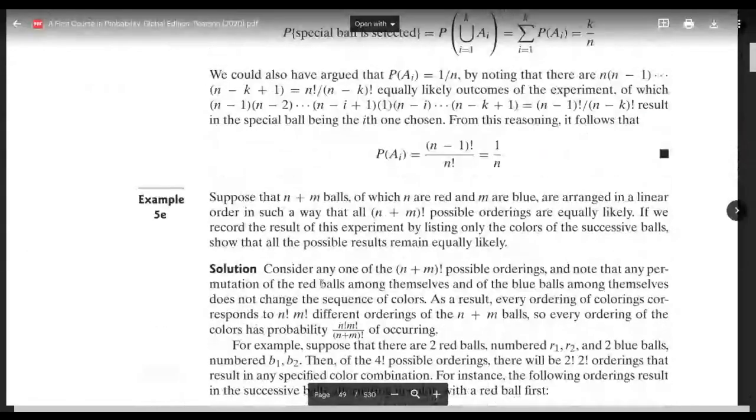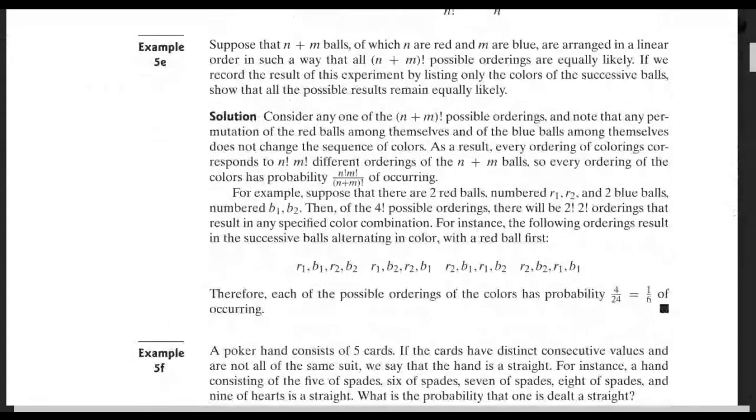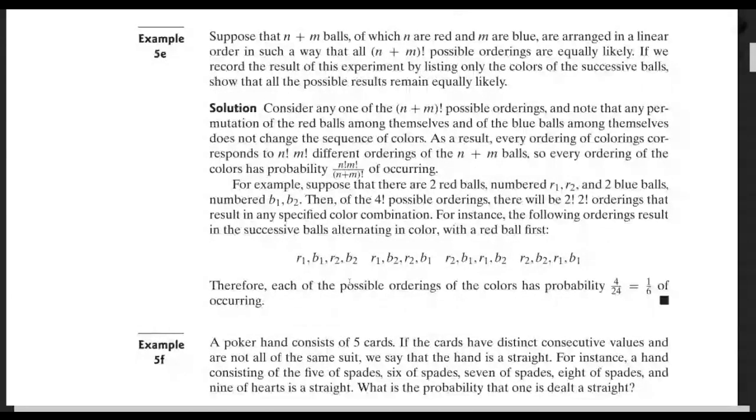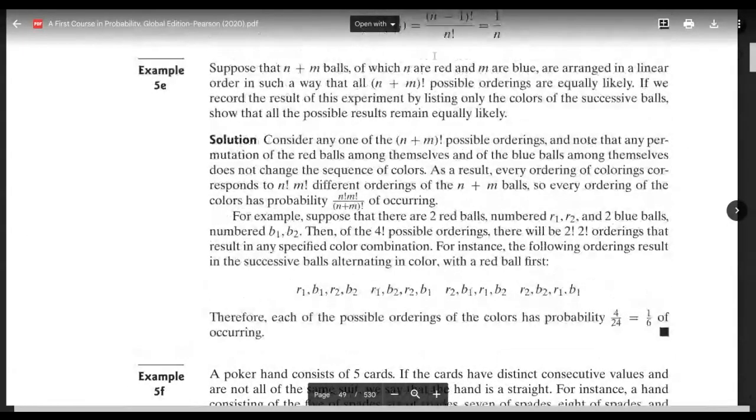Let's see example 5e. Suppose we have n plus m balls, of which n are red and m are blue. So pay attention to those numbers.